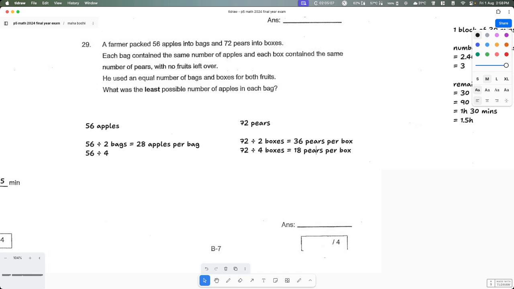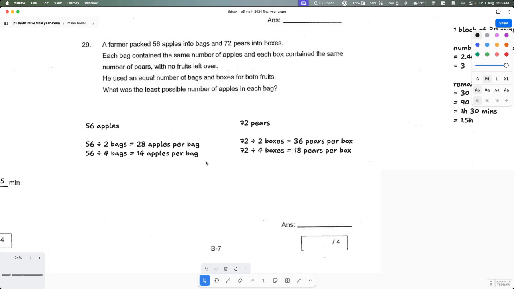So 56 divided by 4, that means this will be 14 apples per bag. 14 over here is 2 times 7, then 18 is 9.